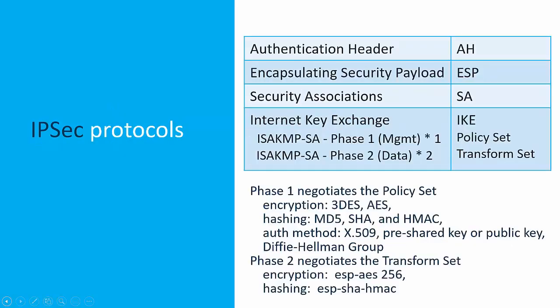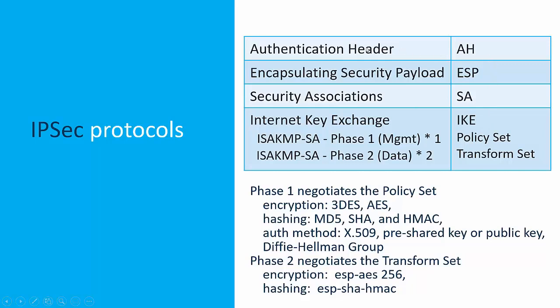In this slide, you have all of the protocols used in IPsec. IPsec is more of a suite or framework of protocols and security technologies than anything else. Let's take a look at the main protocols. The main protocols are AH, ESP, SA, and IKE.